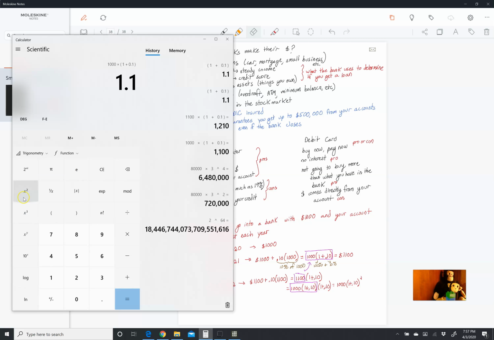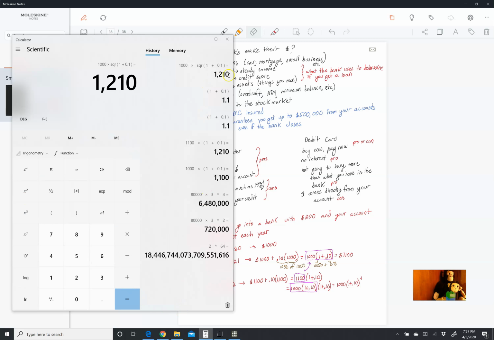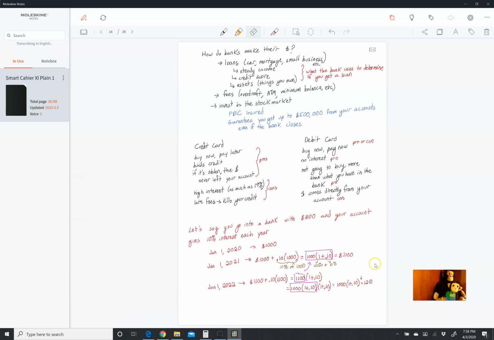And we're going to square that. Okay. Well, what does that equal? 1210. It's the same thing. Okay. It's the same thing as doing 1100 times 1 plus 0.10. Now we have $1,210. Okay, let's do this one more time for January 1st, 2023.